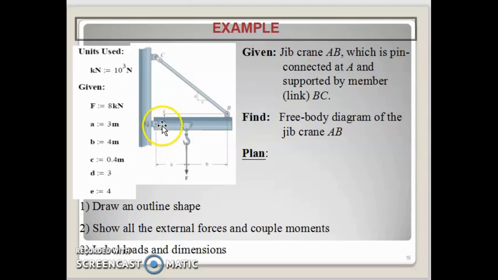For this case, it has a force here, here, and here, and any other structure you need to take out. So only draw this structure. That's what we call an outline shape. The second is to show all the external forces and couple moments, and the third is to label loads and dimensions.